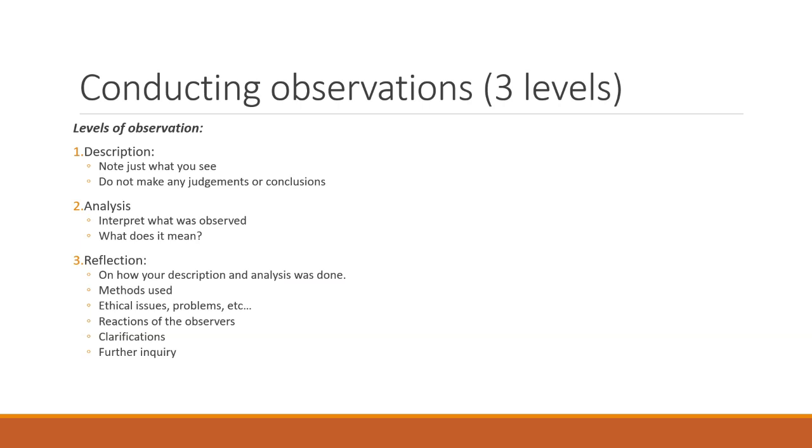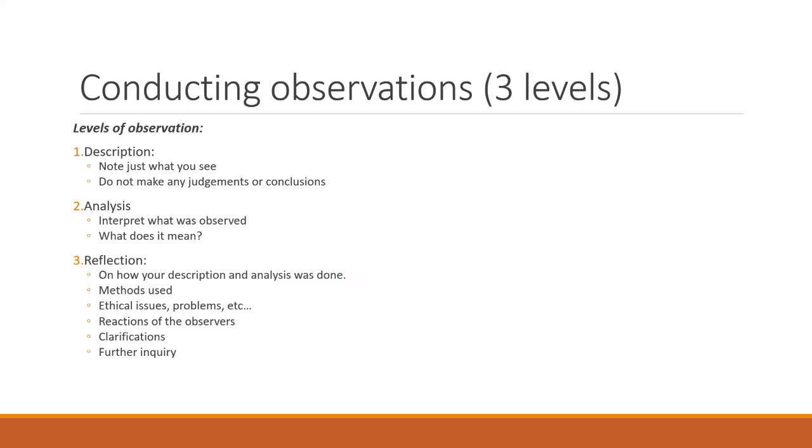And then reflections on how your description and analysis was done, the method that you used. So how did you observe? Did you observe from within or did you observe from outside? How did you do it? Were you a participant observer, not a participant observer? So the method that you used as well. Ethical issues, complexities, dilemmas, and how you worked around those, how you incorporated ethics in the work that you did.